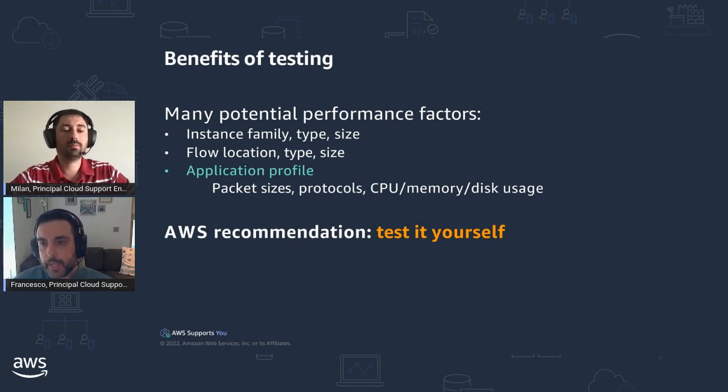But also your application plays a big role in how you're going to use the network. Because besides these, your application needs to do something with those packets. If the packets are arriving out of order, then it needs to wait for all the packets to arrive. You need to figure out what is the protocol you need to use, but also how you're consuming that. So is your CPU, memory, or even the disk going to be a limiting factor? We do see this a lot with customers sometimes when they are uploading data, where they think that the network is slow simply because they are not able to achieve the advertised throughput.